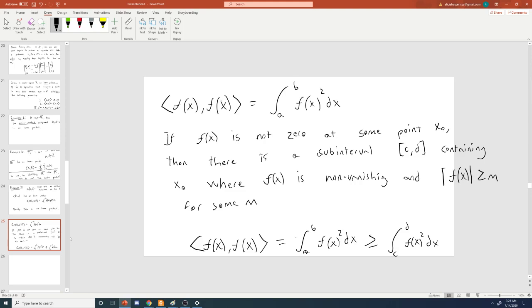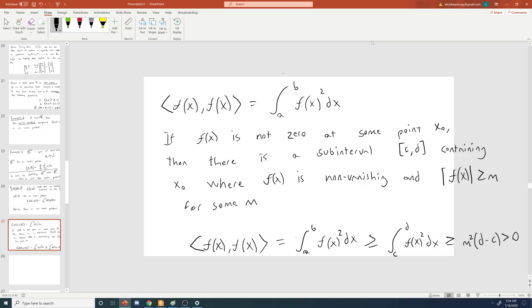But on this smaller interval, we know that the absolute value of f is greater than or equal to m, so this has to be greater than or equal to m squared times d minus c, which is greater than 0.